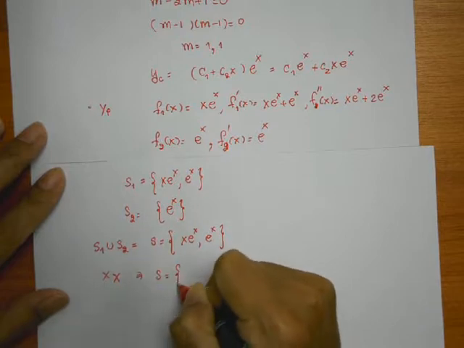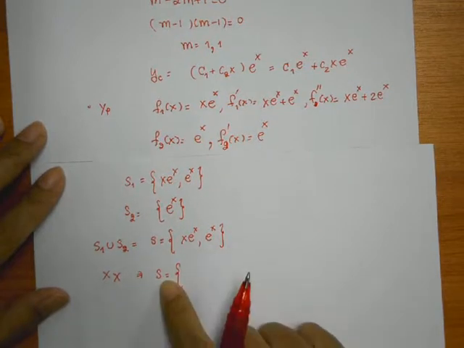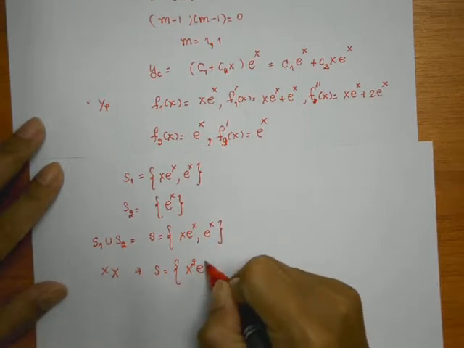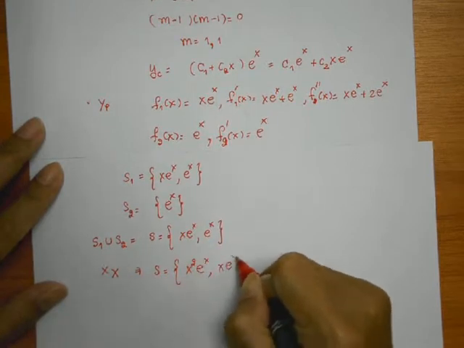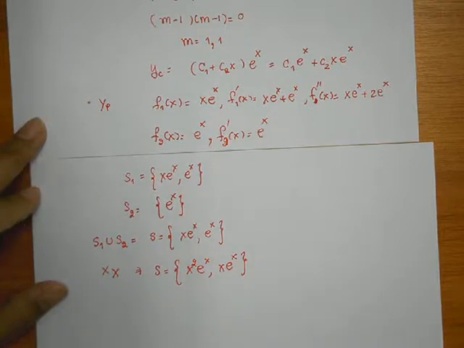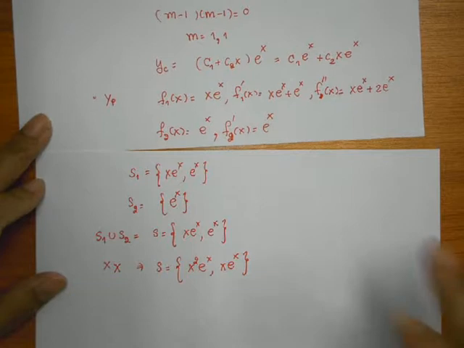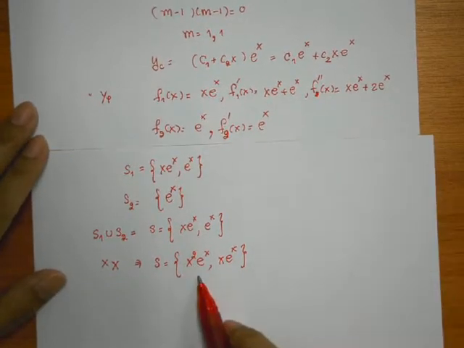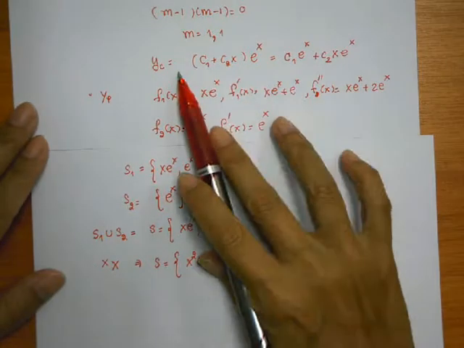The new functions inside our UC set are these. And then we have to take a look at it again, whether the functions inside the new set are still repeated or still the same as the functions inside yc.